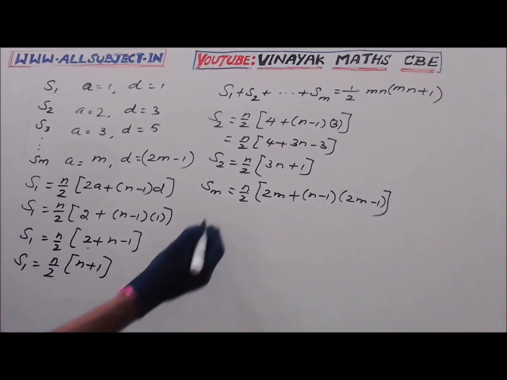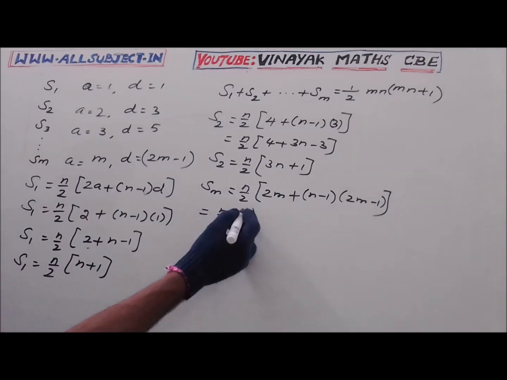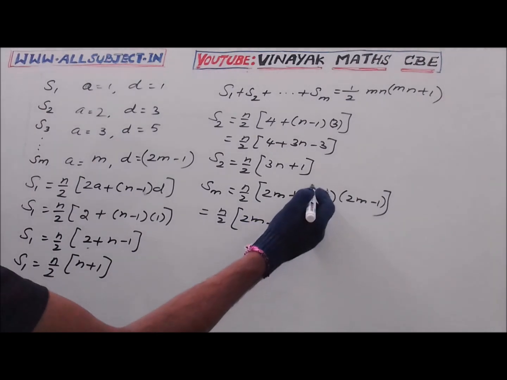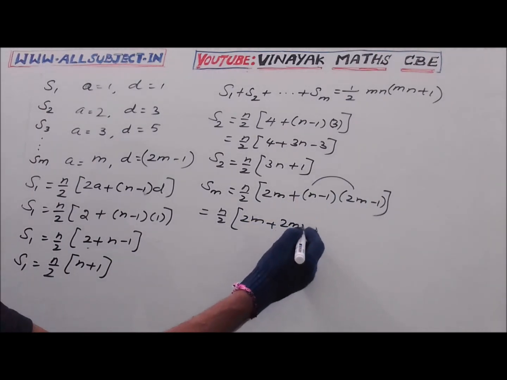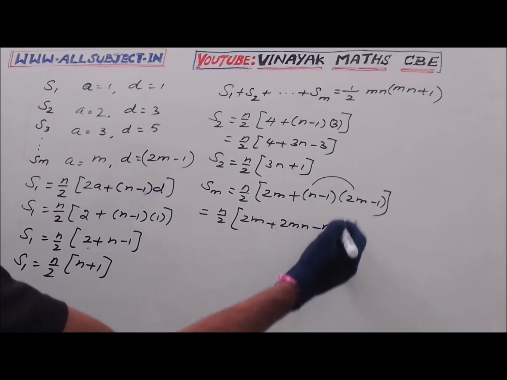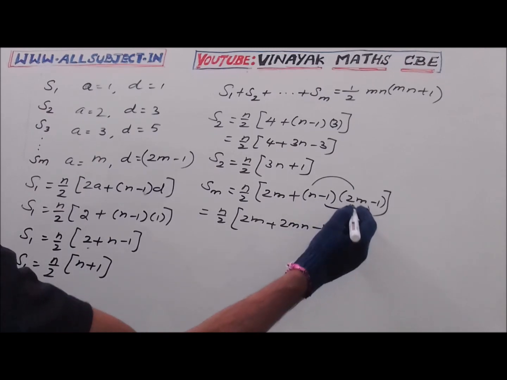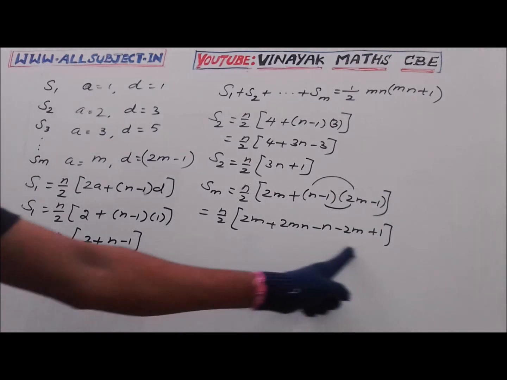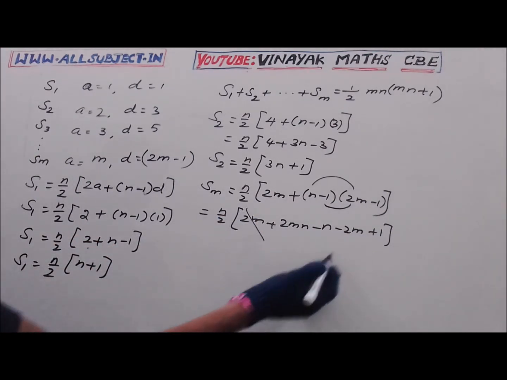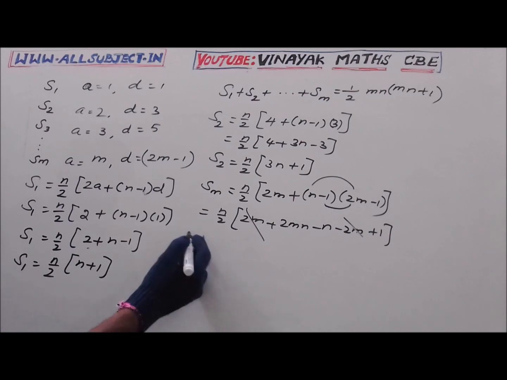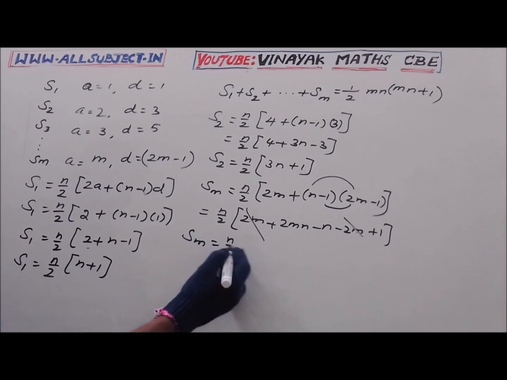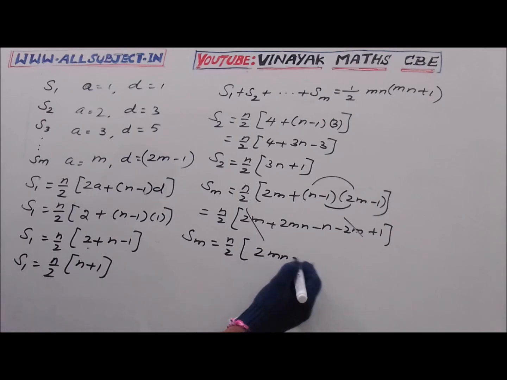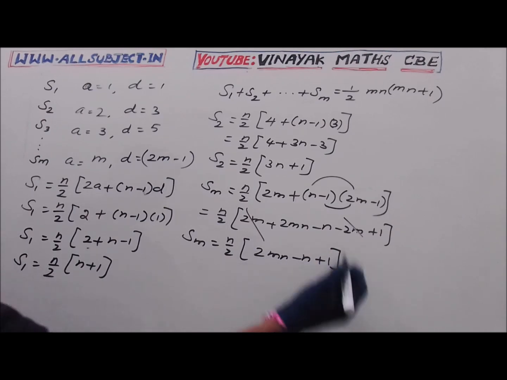Now multiplying inside, we get n by 2 into (2m plus 2mn minus n minus 2m plus 1). Multiplying the terms here, we get these four terms. Here plus 2m and minus 2m get cancelled. So Sm equals n by 2 into (2mn minus n plus 1).